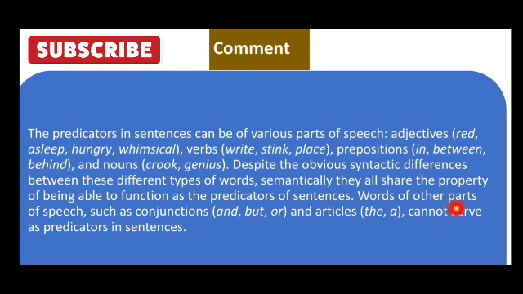So words of other parts of speech, such as conjunctions like and, but, or, and articles like the, cannot serve as predicators in sentences. So conjunctions and articles cannot serve as predicators, while other parts of speech can.